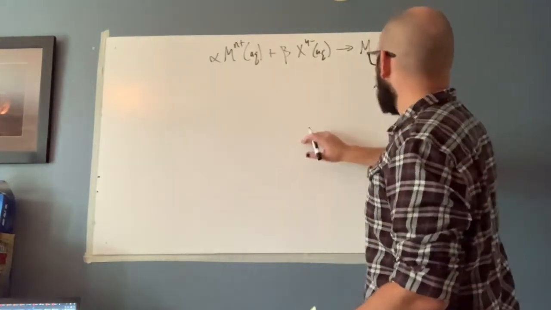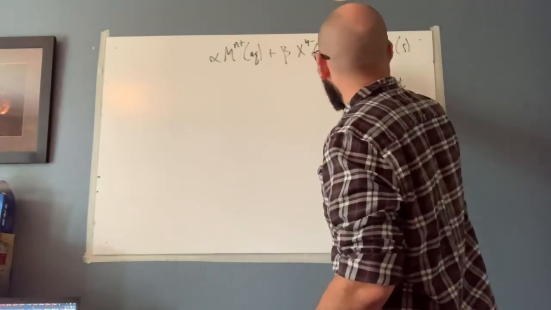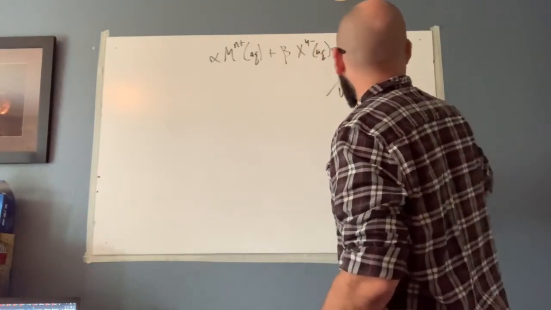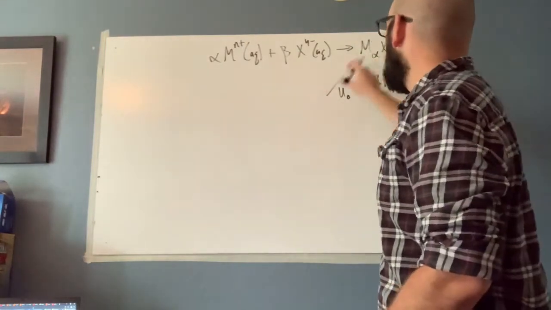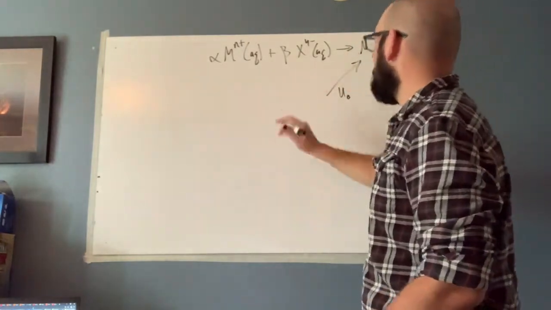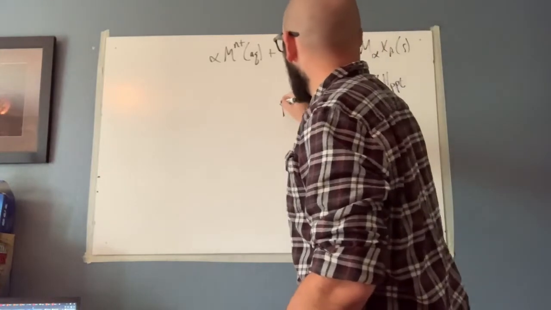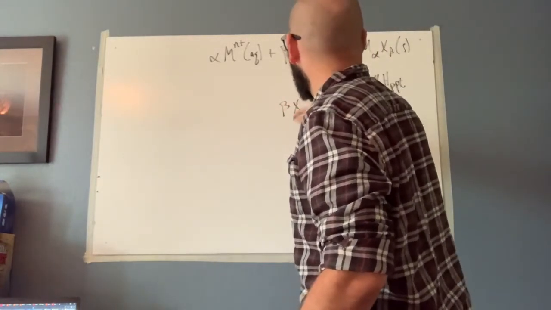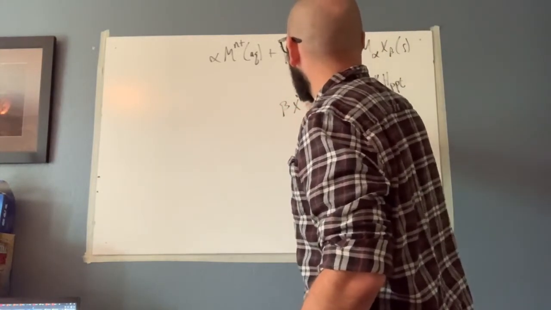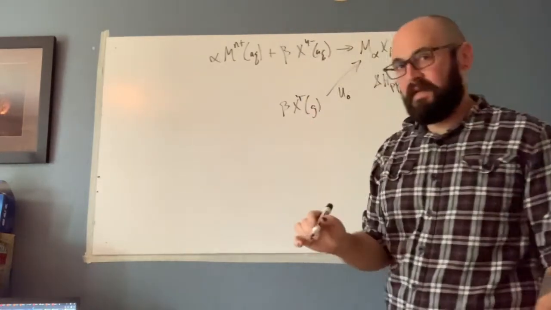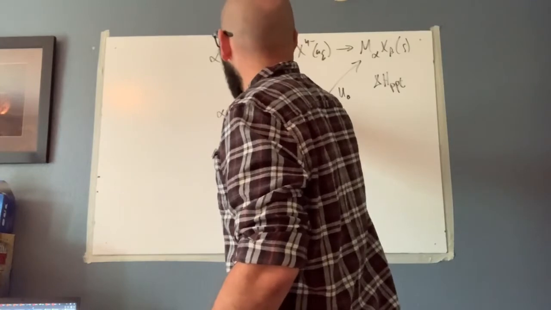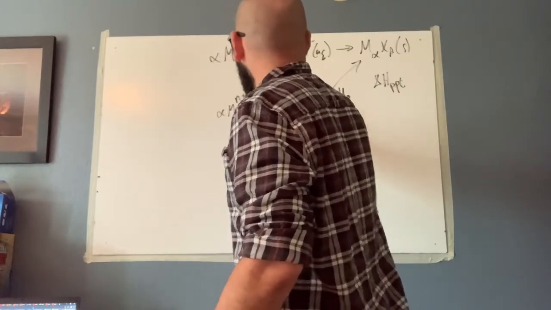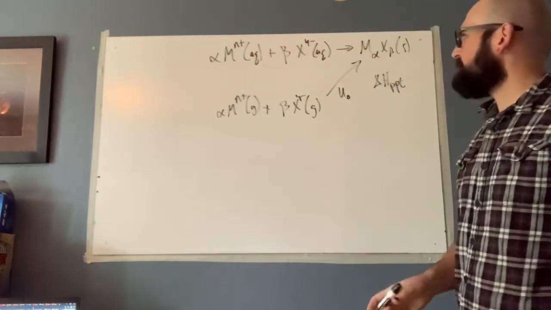So what that means is that we can identify a reaction. We say U sub 0, so the lattice enthalpy of this reaction then is going to be, we have beta of X^y- in the gas phase, and alpha of M^n+ in the gas phase.